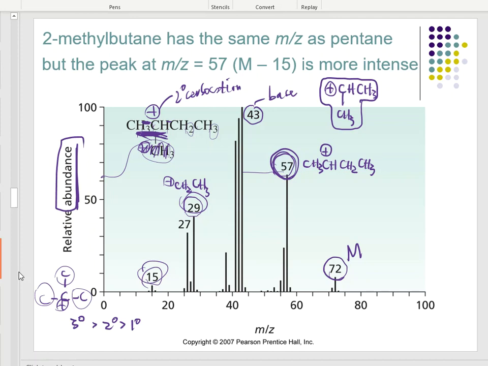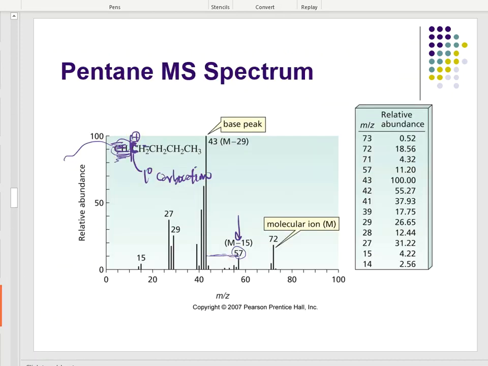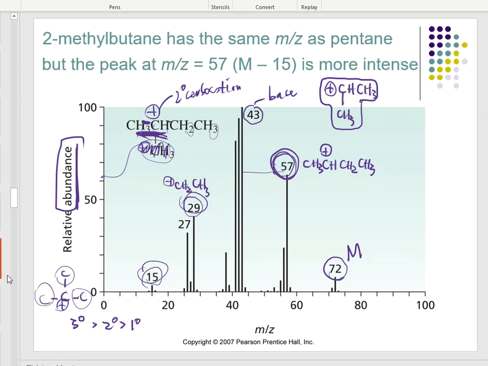Compared to that 43 base peak, 57, this case, is going to be a little bit more dominant. It's going to show up a little bit more, and because of that, the abundance number matches 2-methyl butane more than it matches pentane. And the mass spectrometer will pick out that the molecule that you injected was 2-methyl butane based on that reason.